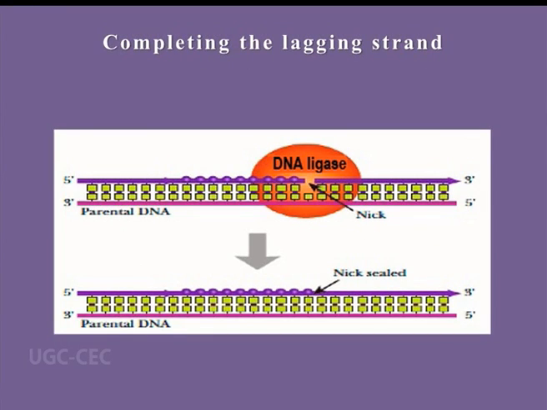DNA polymerase I removes the RNA primer present at the 5' end of each Okazaki fragment and replaces the RNA with DNA. But still, there are gaps in between the short DNA fragments. These gaps are covalently sealed with the help of DNA ligase, thus producing a continuous duplicated DNA strand.